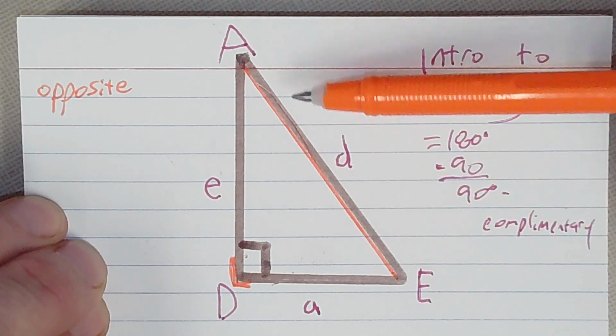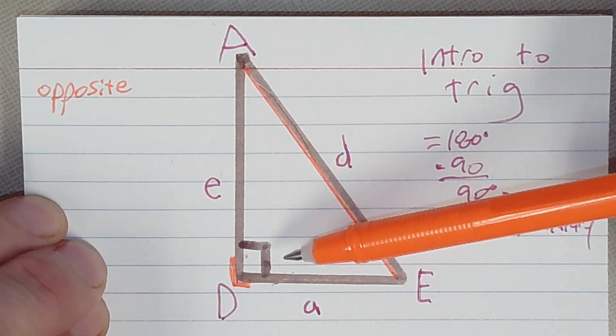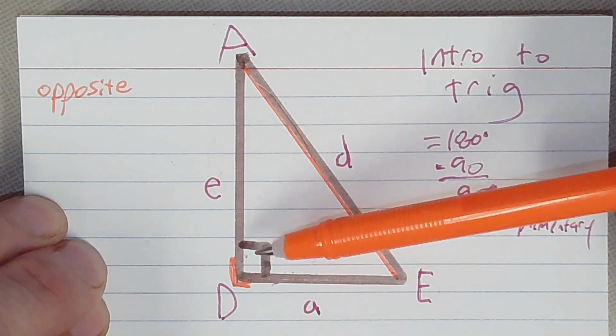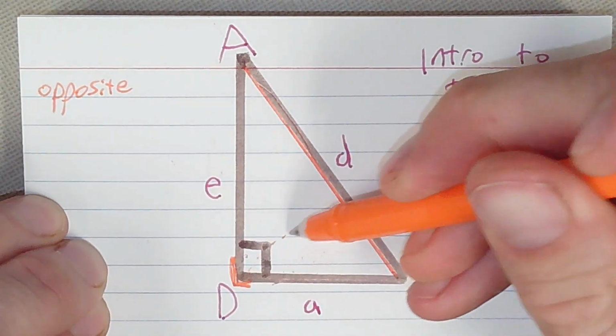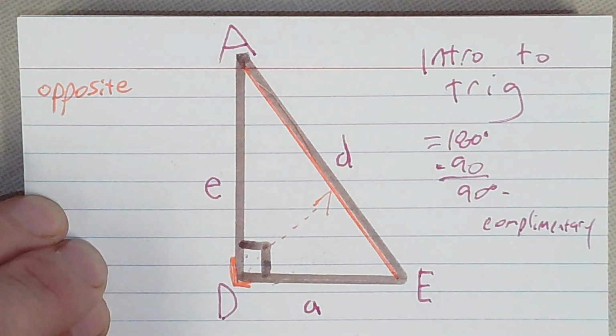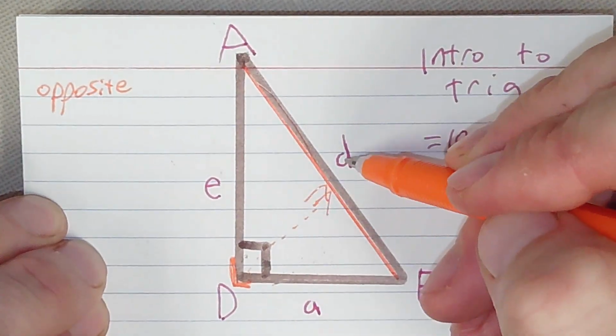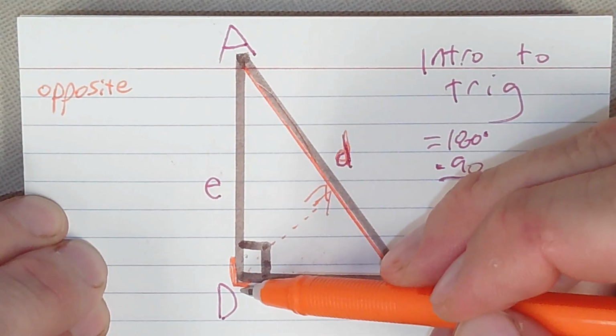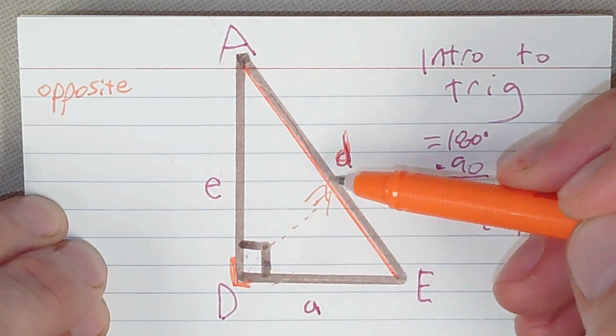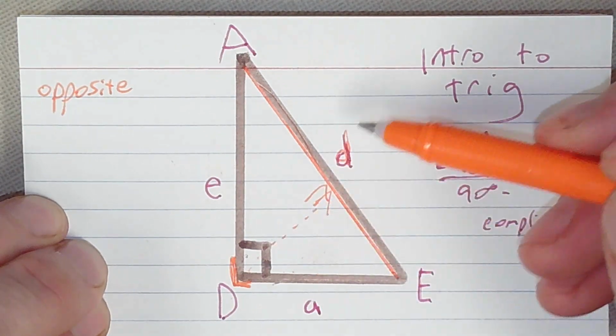So this line segment d isn't touching angle D. It's opposite of angle D. So line segment d and angle D are opposite each other.